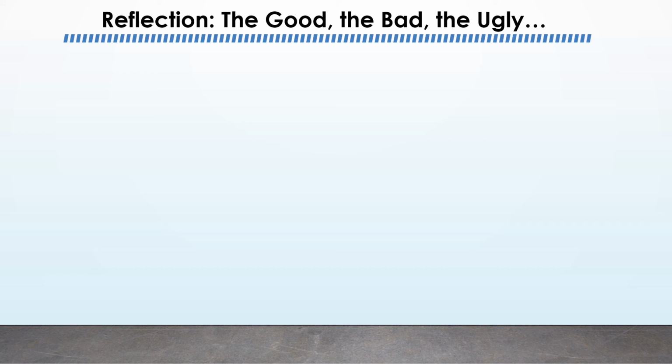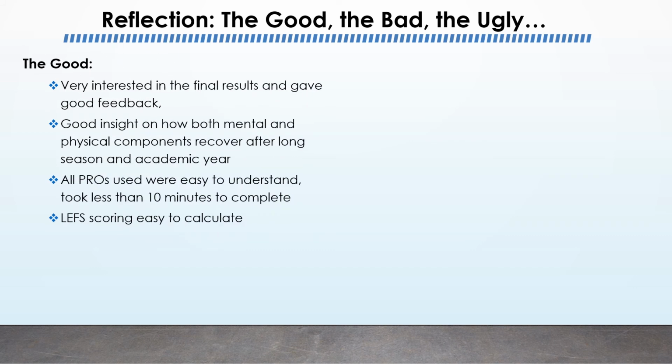So reflecting back, the good of this is my athletes were very interested and very enthusiastic in the final results. They gave me good feedback on what they liked, what they didn't like, but I also felt it gave me good insight on how the mental and physical components of recovery after a long season and academic year, especially in your seniors.